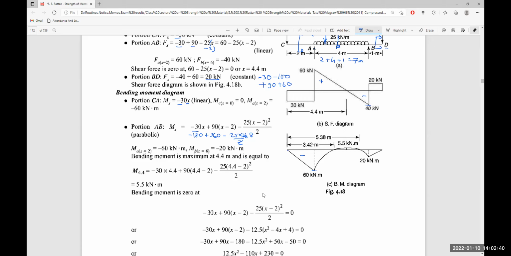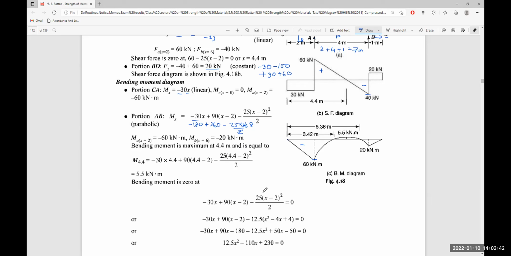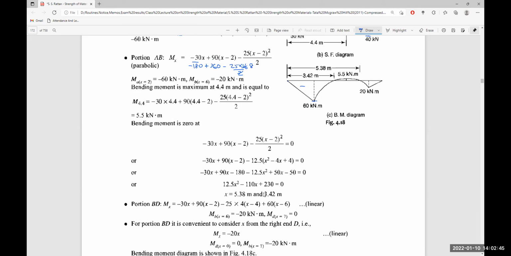If we simplify, the equation becomes 12.5x squared minus 110x plus 230 equal to 0. So x will be by the formula minus b plus or minus square root of b squared minus 4ac by 2a, where a is 12.5, b is minus 110, so minus b means positive, and c is equal to 230.